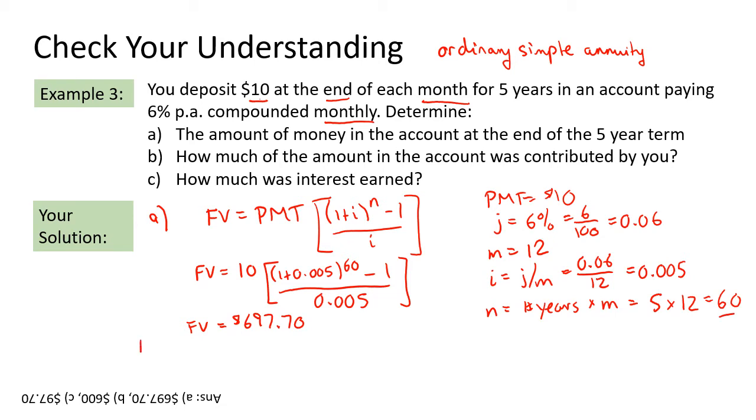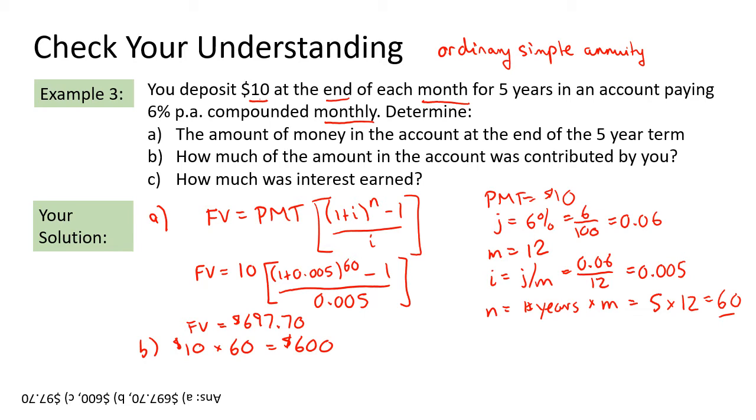So the amount you contributed must simply be, okay, the $10 you contributed times the number of payments you made, which was 60. So that means that $600 of that $697.70 was contributed by you, because that's simply you taking $10, whether it's out of your wallet, every single month for 5 years and placing it in that account.